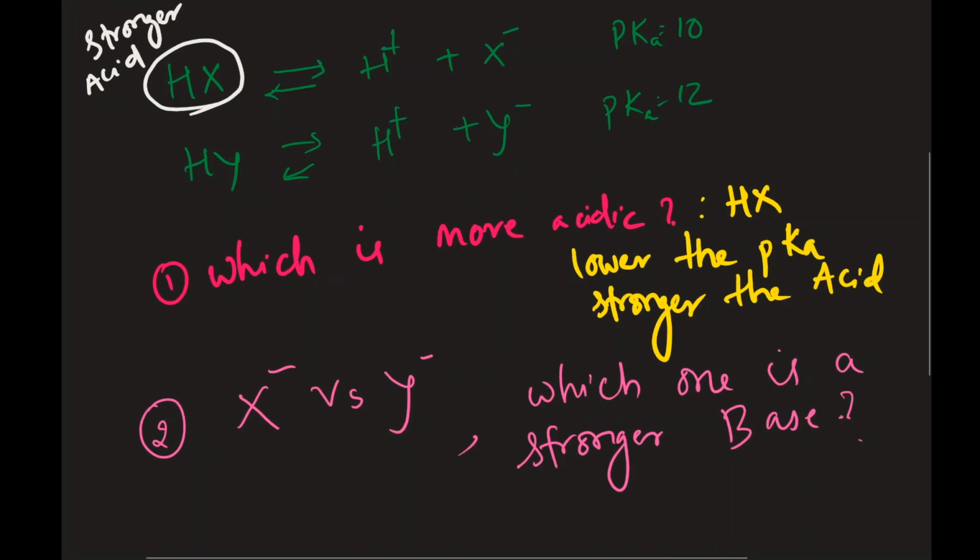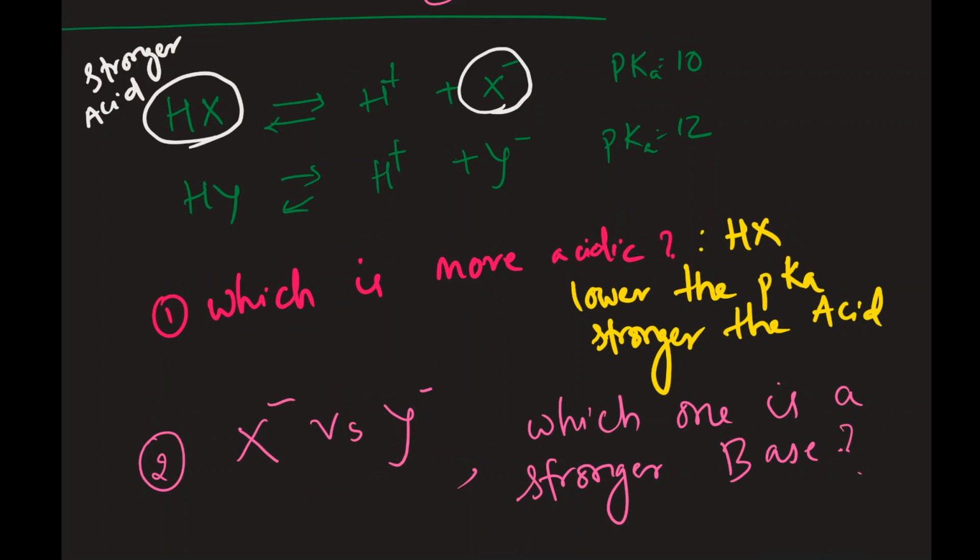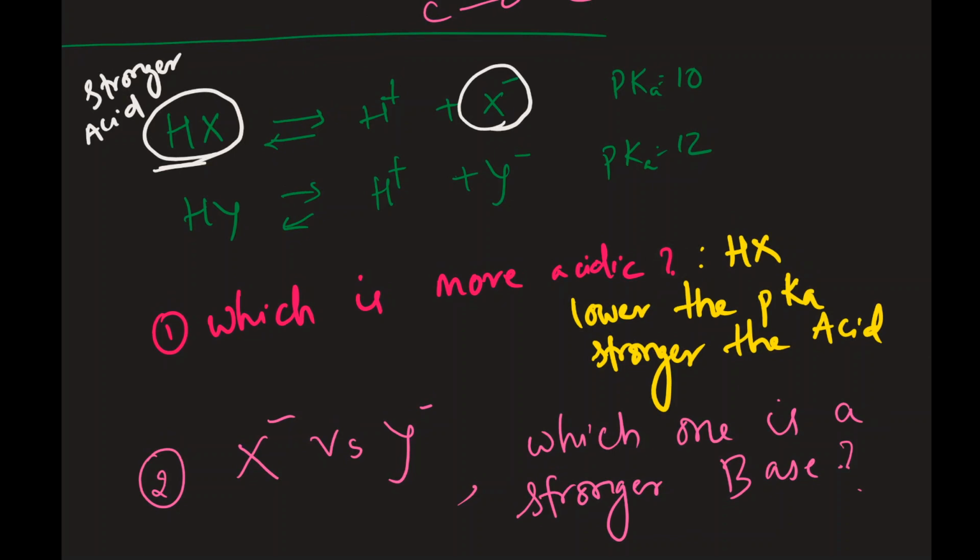The answer is, the stronger the conjugate acid, the weaker the conjugate base. So in this case, X minus would be the weaker base, because the corresponding conjugate acid, which is HX, is going to be our stronger acid.